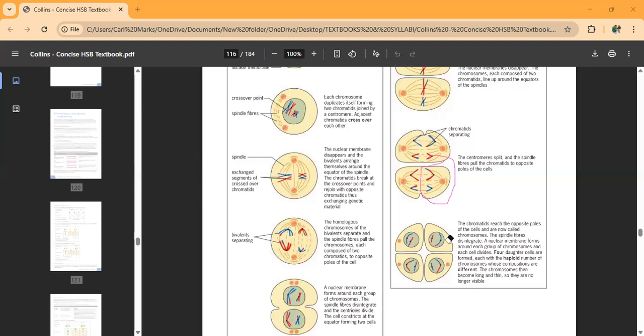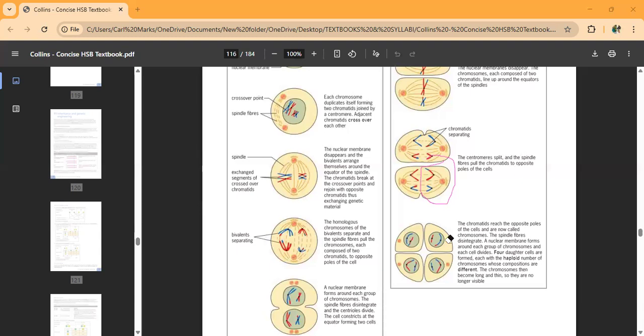So let's take humans, for instance. Now remember, the sex cells are the ones that will divide and form by meiosis. So the sperm itself has 23 chromosomes.